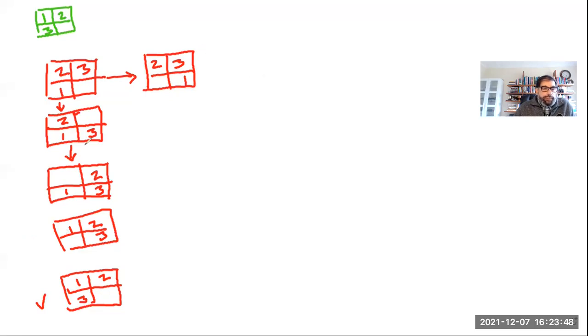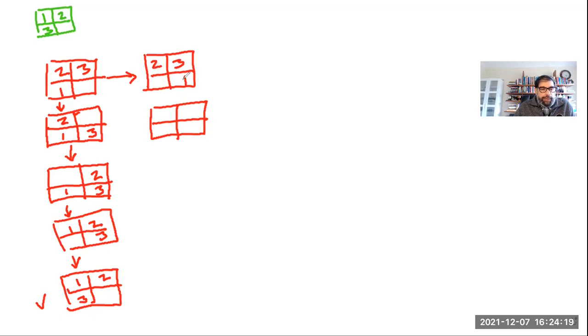So you can see from here that this branch took me to the desired goal very quickly, because I was following this depth first approach. I could have done the breadth first approach, in which I would have constructed the next state over here as well, right? So the next state over here would be to bring 2 down, right?